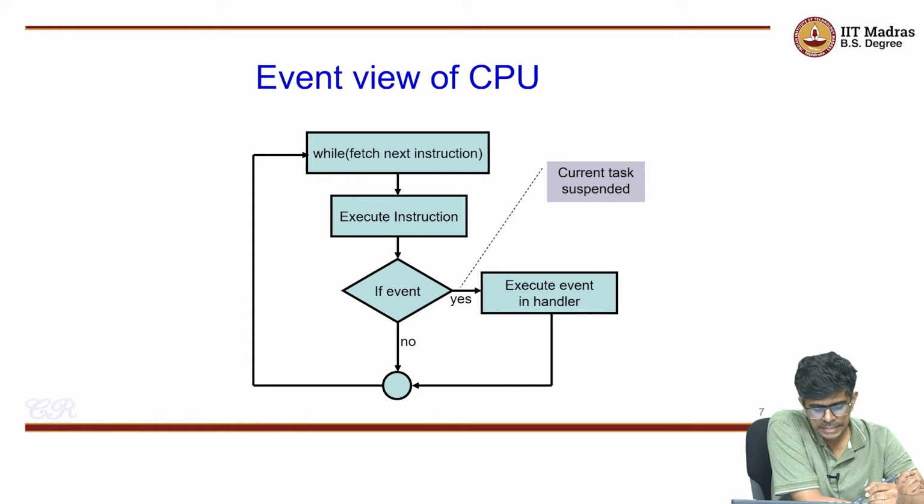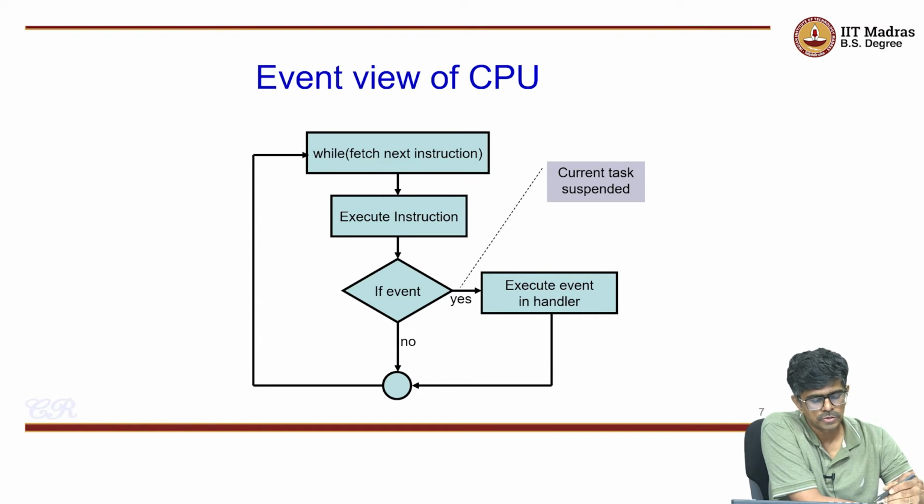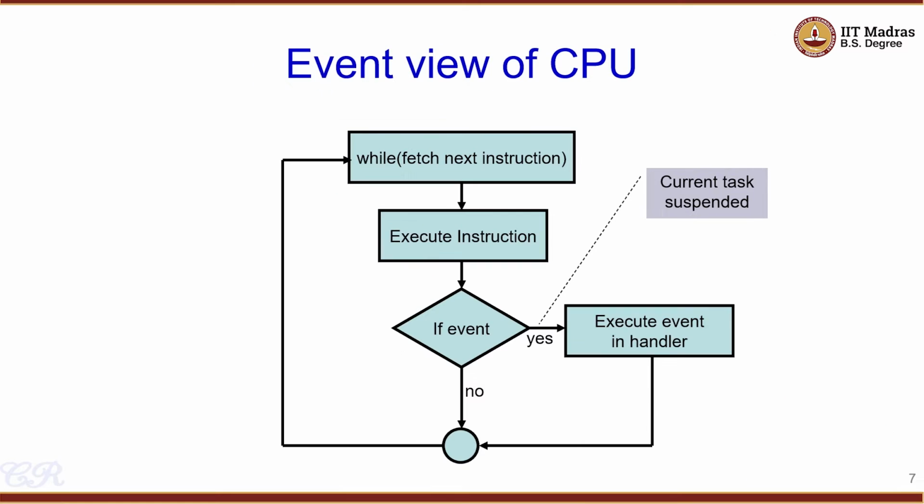task, save certain registers corresponding to that task, and then force a specific event handler to execute. After the event handler completes its execution, it returns and the CPU continues its execution. Put another way, typically the CPU fetches instructions and executes them, and this cycle goes on.